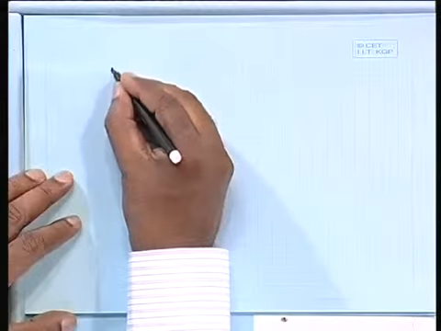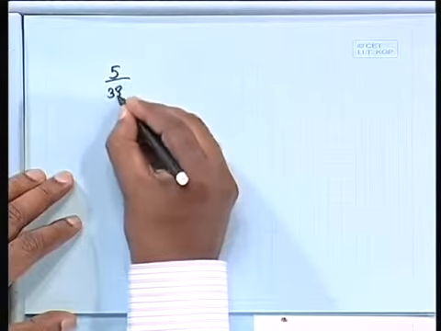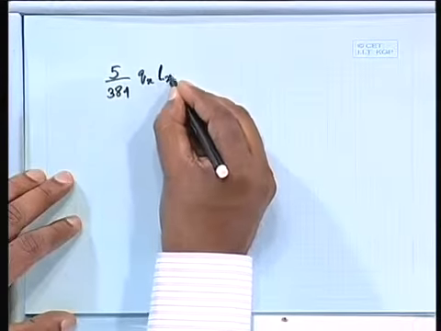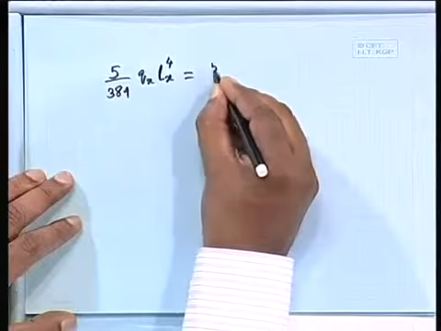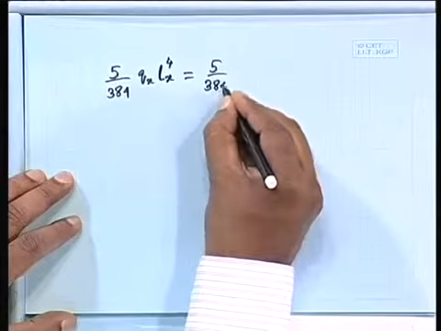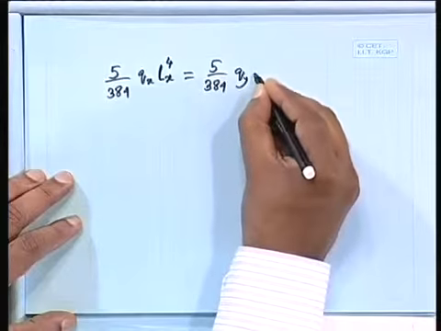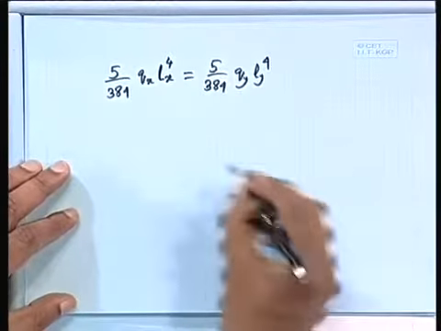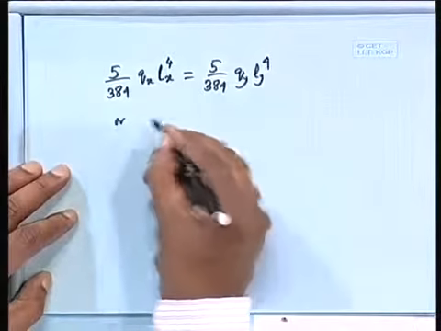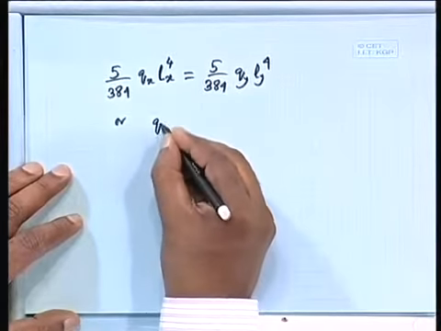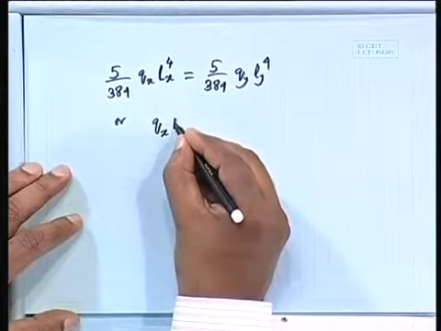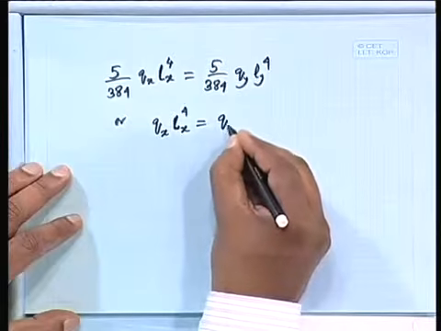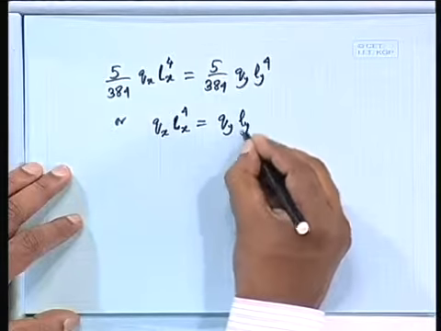So, we can write down 5/384 Qx Lx to the power 4 equal to 5/384 Qy Ly to the power 4, or Qx Lx to the power 4 equal to Qy Ly to the power 4.